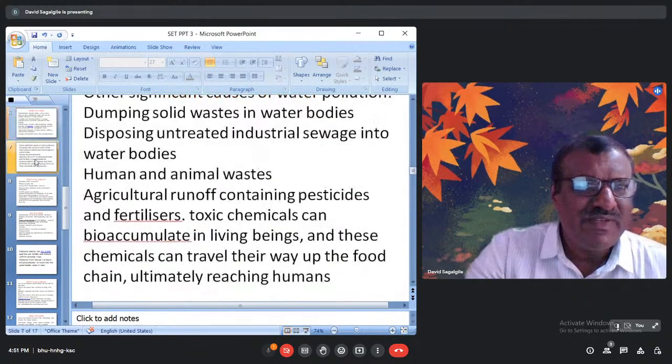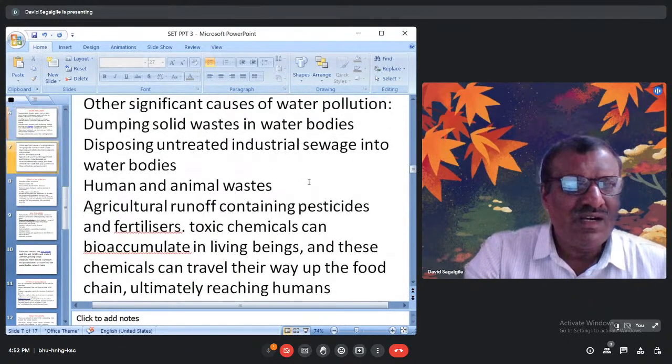So here we have seen how the different kinds of water pollution happen. The different kinds of water pollutants also include decomposition of untreated industrial sewage in water bodies, human and animal waste, then agricultural pesticides and fertilizers which are let out into the water bodies.